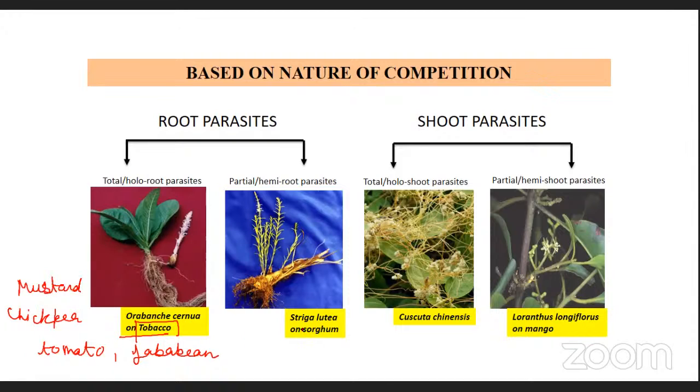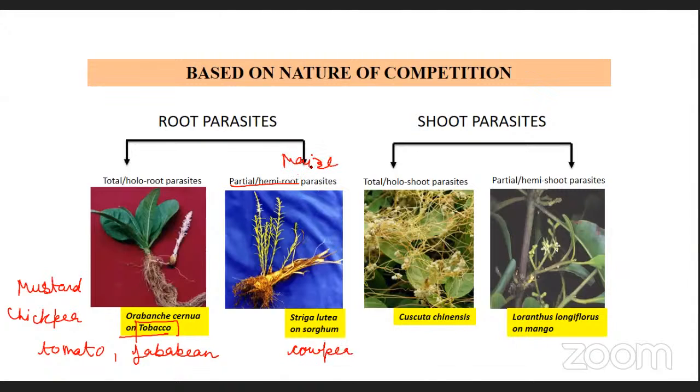Then we have Striga, which I told you is a partial or hemi root parasite, and in later stages, after emergence from the soil, it starts producing its own food. Striga usually attacks sorghum, or you can say cowpea.